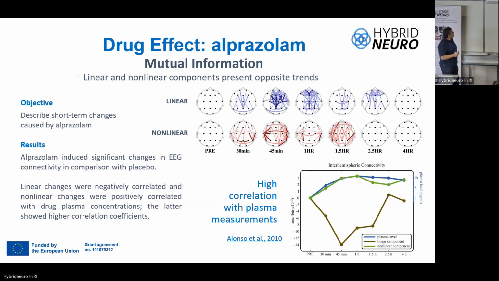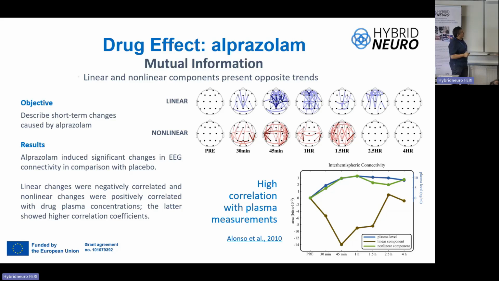Okay. So this case was particularly interesting because we can observe with lines between two electrodes that there was a change in the brain connectivity between these two electrodes, significant statistical changes.